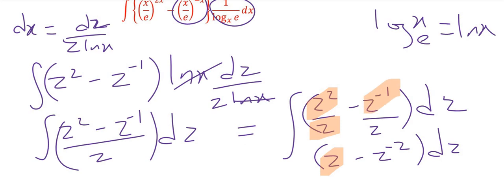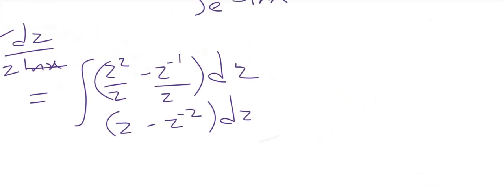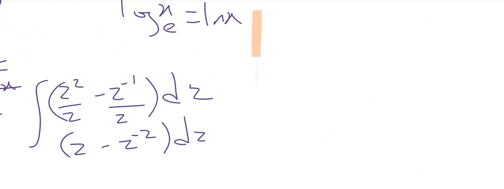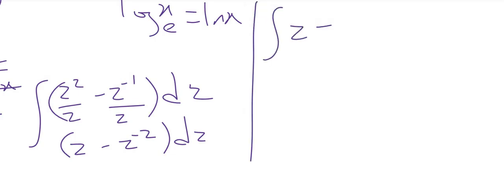If you divide z negative 1 by z, law of indices, you get z negative 2. Now the next thing is to write them properly and integrate. So I have the integral of z minus z negative 2 with respect to z.